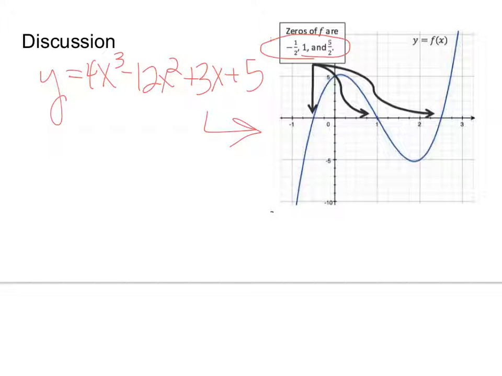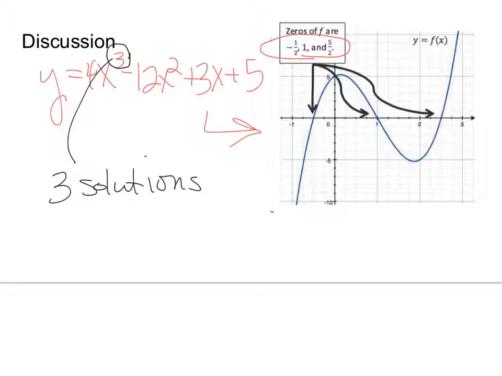The first thing I want to point out to you is I have a degree of 3. That means I'm going to have 3 solutions. That means that my graph will cross the x-axis 3 places.